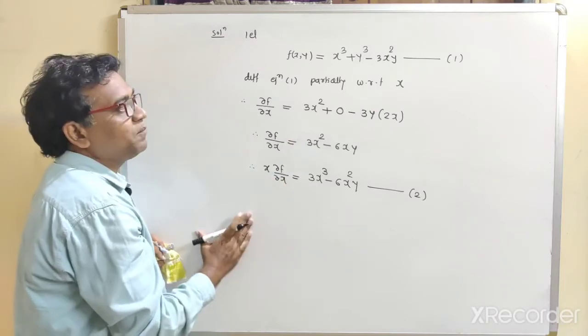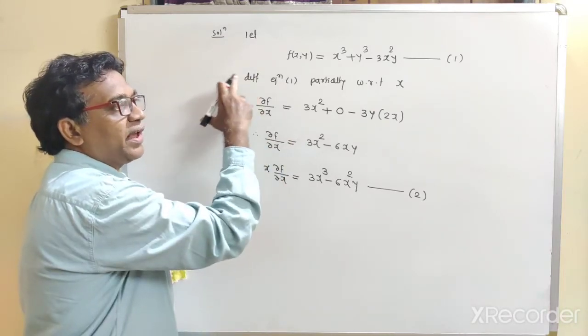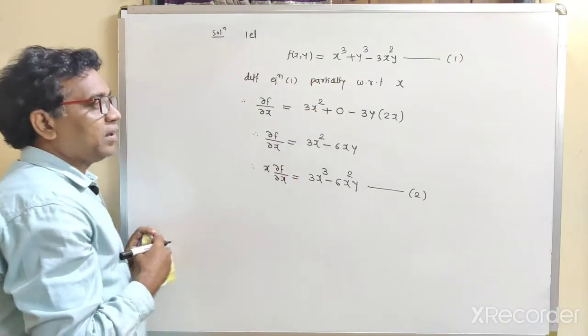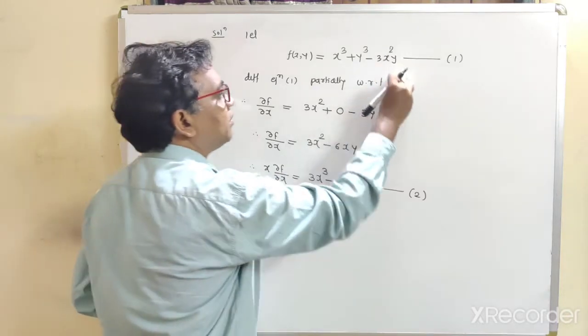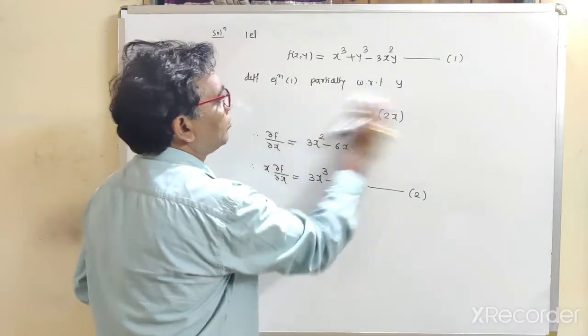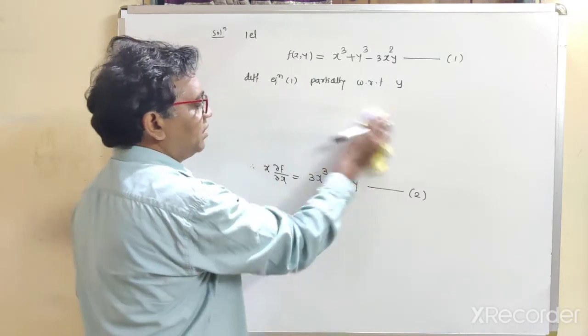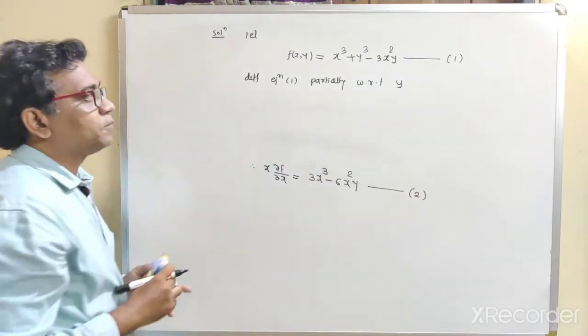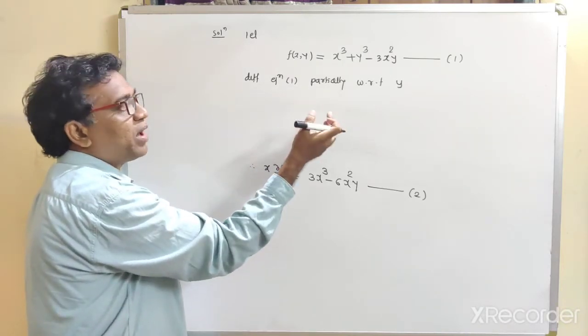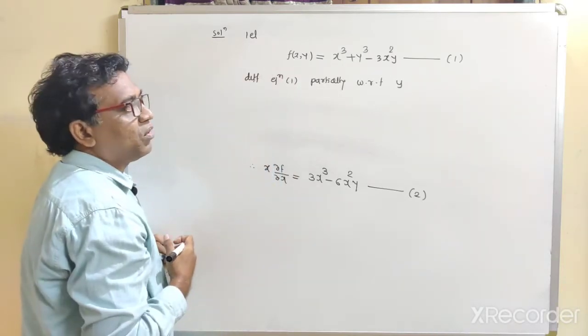Now what is the next step? Differentiating equation 1 partially with respect to y and multiplying by y. So write down the next step, differentiating equation 1 partially with respect to y. Differentiation partially with respect to y means we have to keep x as a constant quantity.